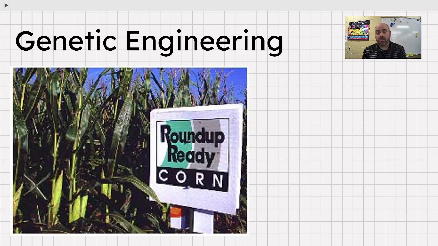And that worked really well for a couple years until the weeds developed Roundup resistance. And again, it was just a mutation in the weeds, which you'd expect to happen. And those weeds populated, and now you have Roundup Ready weeds along with Roundup Ready corn. It's not good, right? And there's some other ethical debates about the idea that a company can patent life, right, and have a patent on a particular strand of DNA.